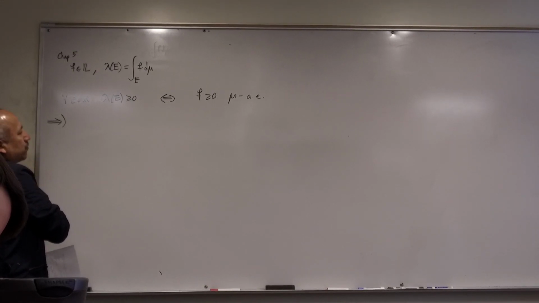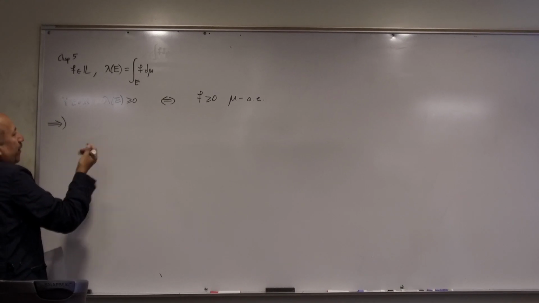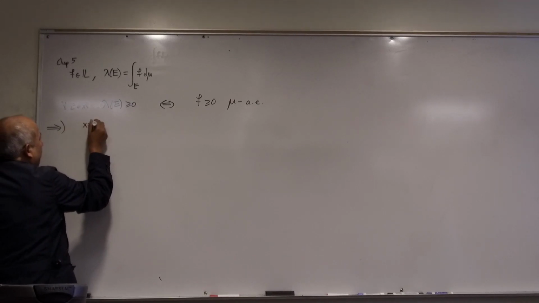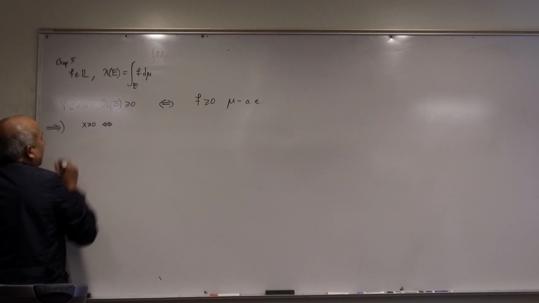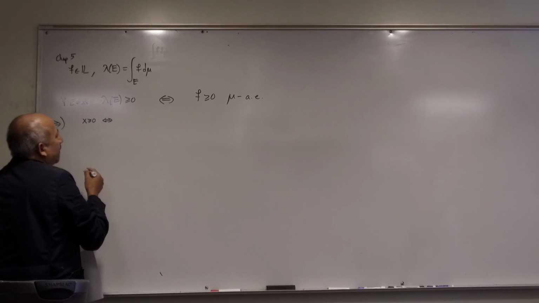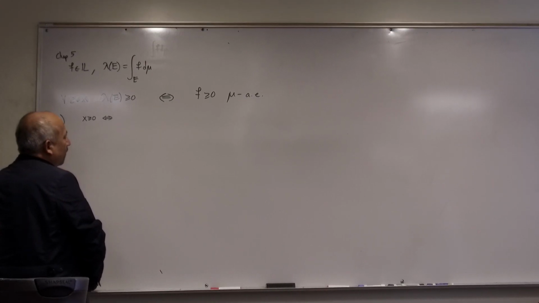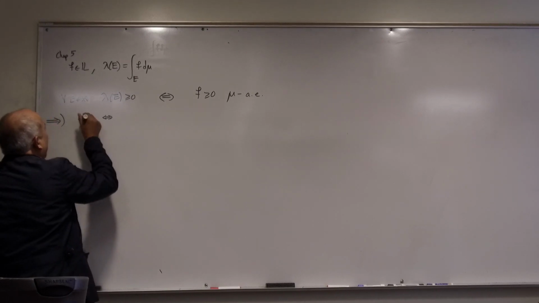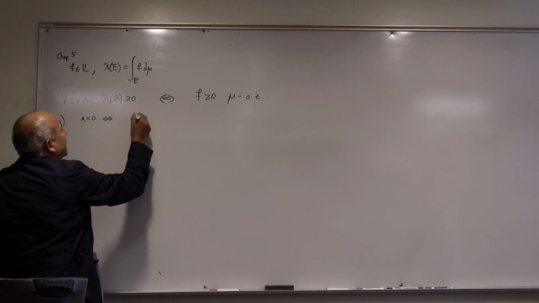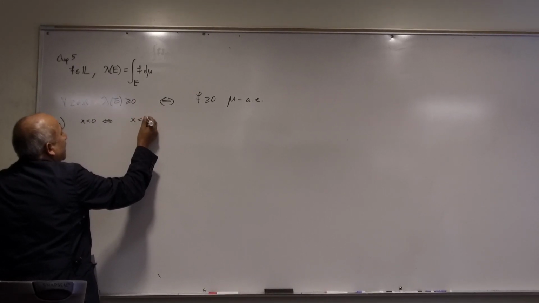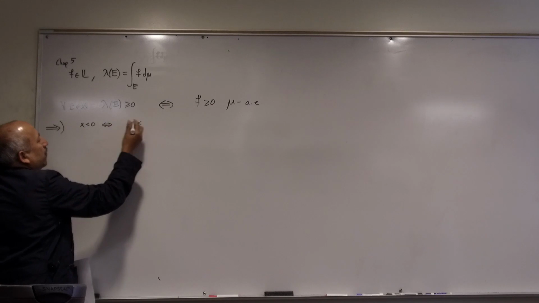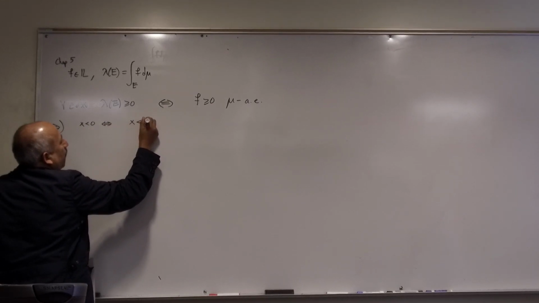Here the trick is to think of a number, forget about the function. Think of this fact: a number is greater than or equal to 0 if and only if, actually let's do it the other way around. A number is less than 0 if and only if x is less than a number of the form -1 over n.